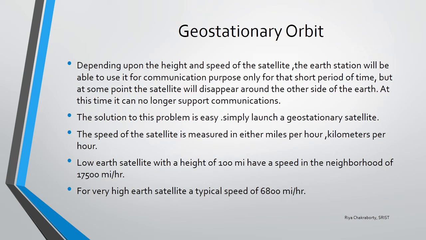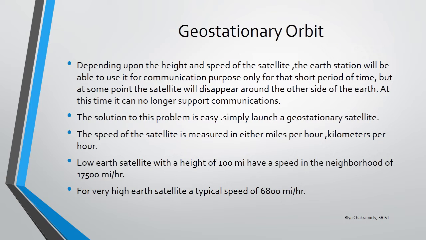Simply launch a geostationary satellite. This is a satellite that orbits the earth around the equator at a distance of 22,300 miles or 35,806 km. A satellite at that distance revolves around the earth in exactly 24 hours.